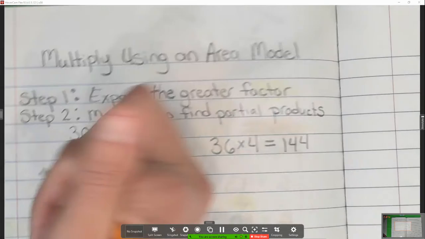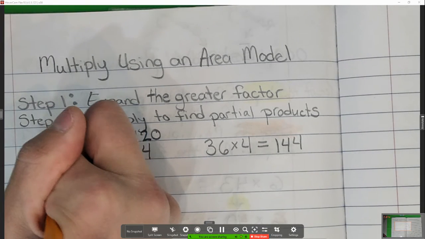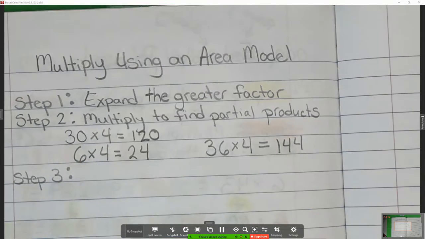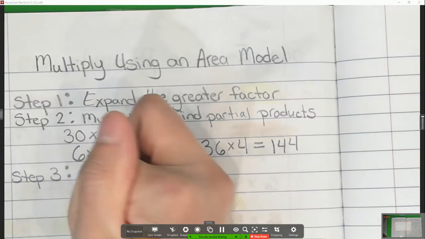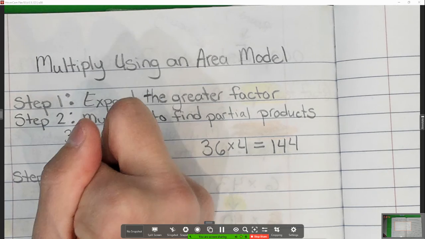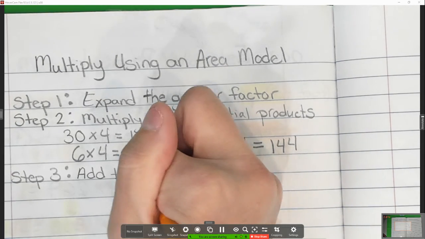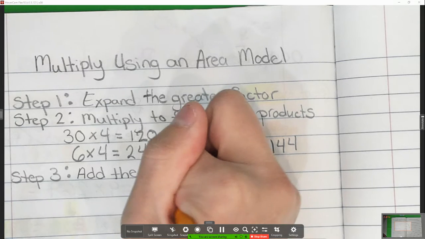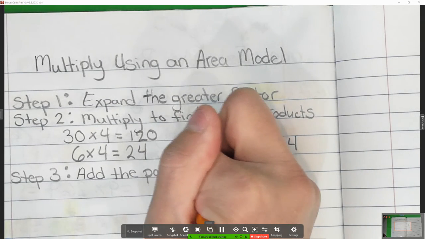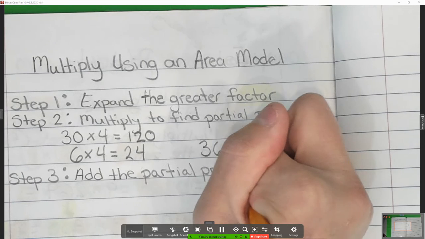Okay, step 3. Add the partial products. I'll move my hand in a second. So we add partial products.